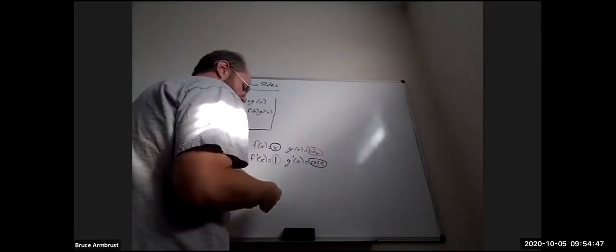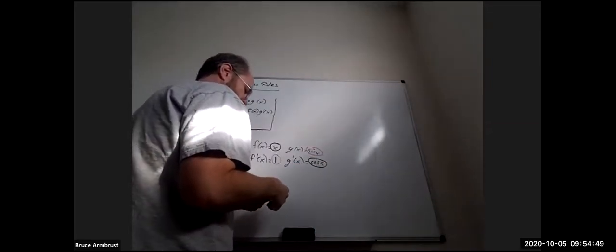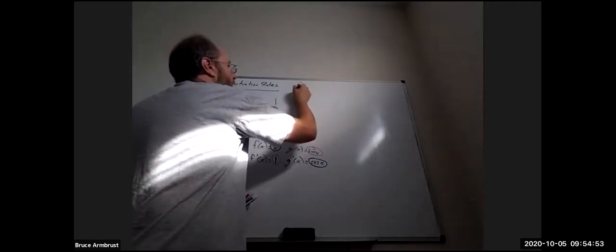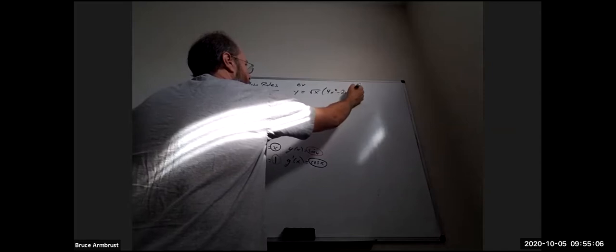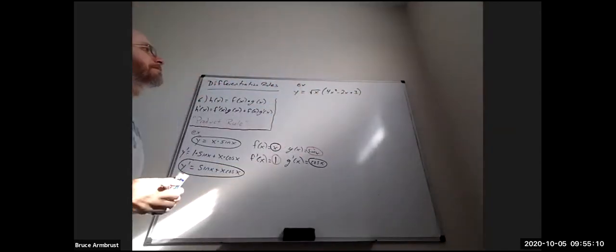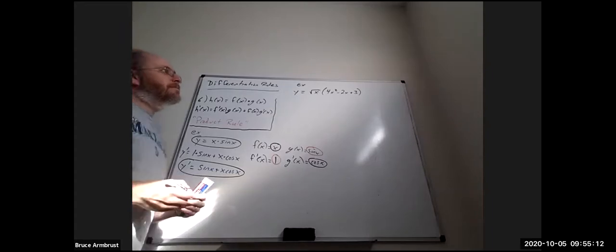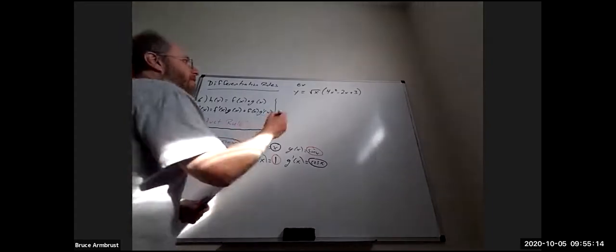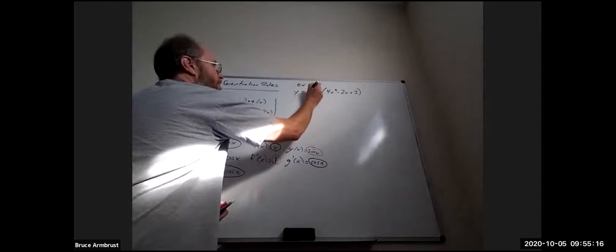Let's do y equals square root of x times 4x squared minus 2x plus 3. Now let's make that a cube root.